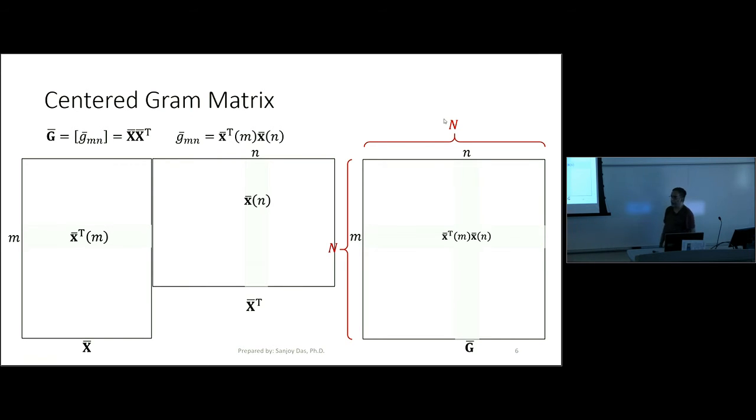The number of sample points, because each row index m is a sample and each column index n is also another sample. You can see this visually, right? I've assumed the number of samples to be more than the dimension of each sample, which is D. So X bar is N by D, where uppercase N times uppercase D is the size of this matrix, and X bar transpose is D by N.